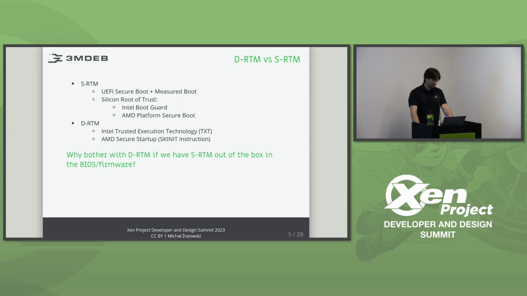DRTM is mainly Intel Trusted Execution Technology, and for AMD it is called Secure Startup, sometimes abbreviated as SKINIT, the secure instruction responsible for setting up DRTM. And if we have SRTM in almost every firmware out of the box, why do we still bother with DRTM and all the stuff around it?